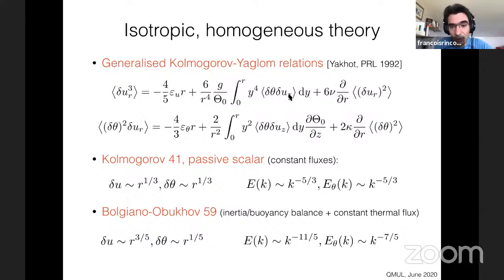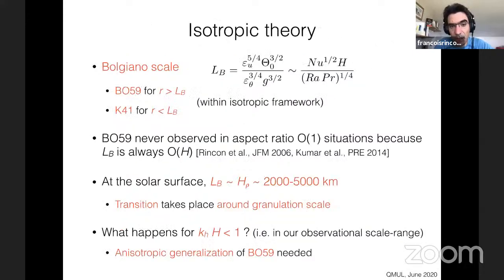But here you start to see that you have z, which is the gravity direction, but here you have r, sorry, the distance along your correlation vector. So you break the isotropic symmetry through this term, of course, due to the buoyancy, which has a special direction. So this Bolgiano scale is not only a scale where the dominant dynamical balance changes, but also a separation between isotropy and anisotropy.